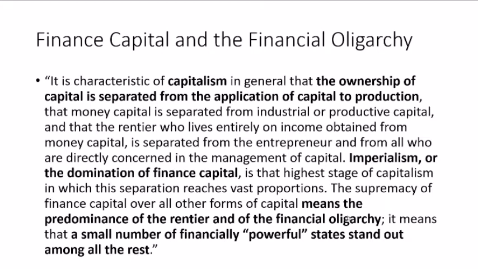And basically what he's saying, right, is that fast forward now through this process, imperialism is where these rentiers and the financial oligarchy have come out on top. Because ultimately, lending money and moving money around just makes way more money than production.